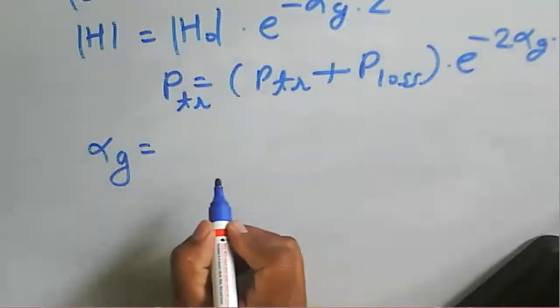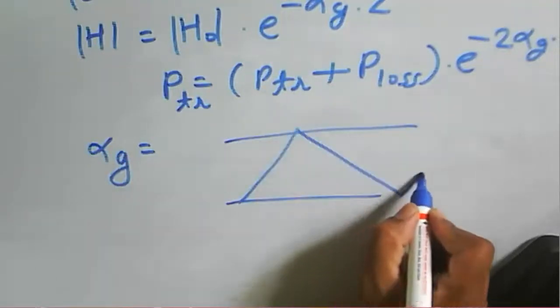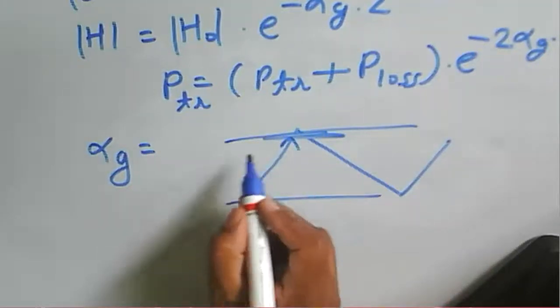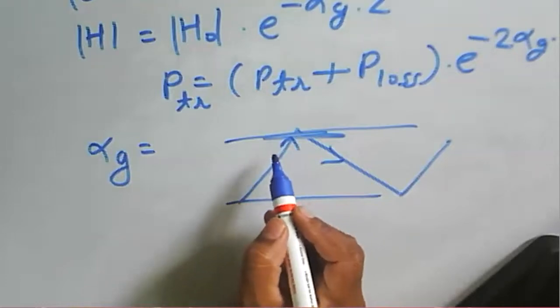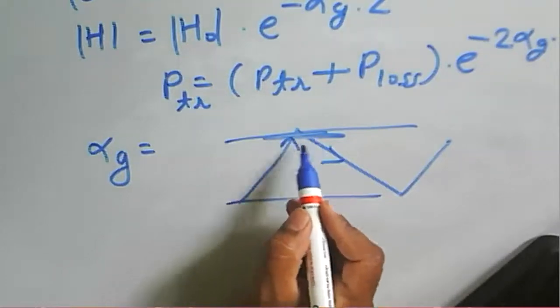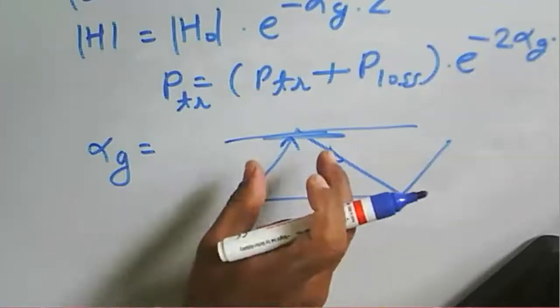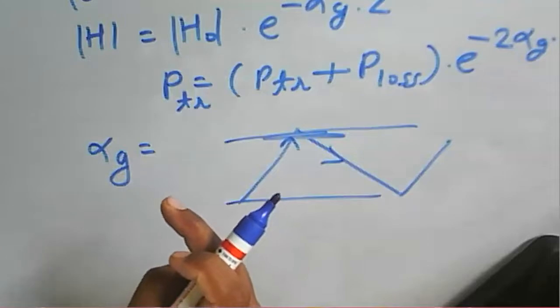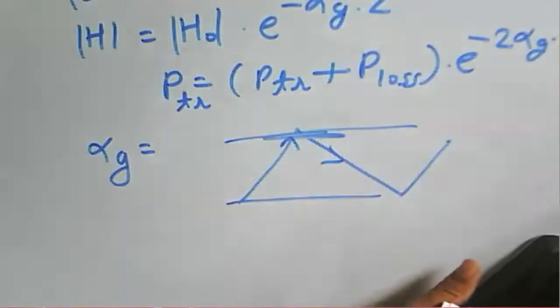Because your wave is propagating through the guide through total reflection, it is reflecting from this wall. So some of the field components can penetrate through the wall of the guide, and how much penetration occurs inside the waveguide is nothing but the loss for this particular guide.